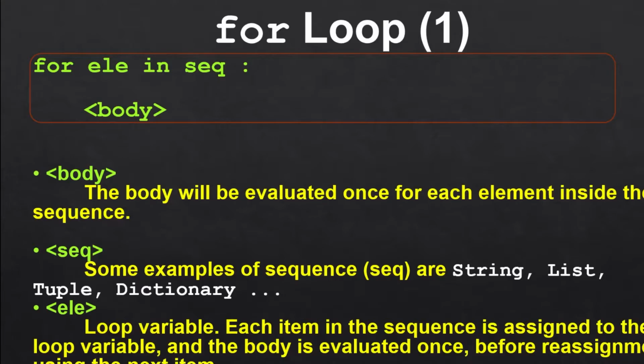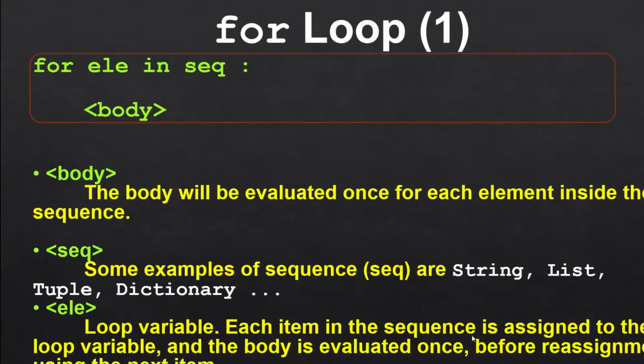Basically a structure that can be iterated through is considered a sequence here. For example, a string: we know that we can extract the 0th index, 1st index, 2nd index, 3rd index of the string, so we can iterate through that string. Next we have this loop variable. In this case, the loop variable is called LE.